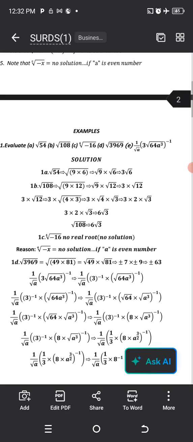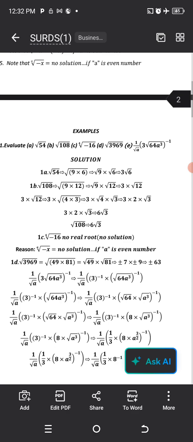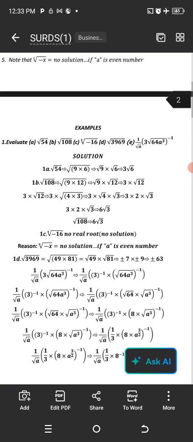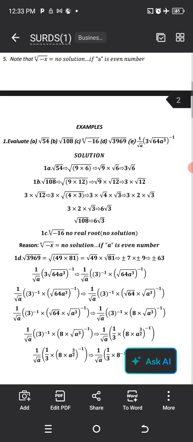Example B was the square root of 108, and this one is the 4th root of minus 16, and this one is the square root of 3969, and this one is the expression 1 over the square root of a, inside parentheses 3 times the square root of 64a raised to power 3, everything all raised to power minus 1. Don't be panicking with that example. It's very simple.